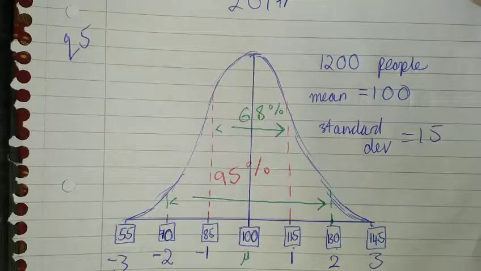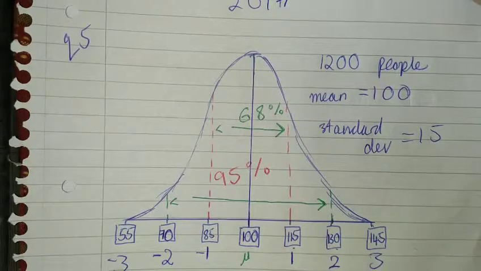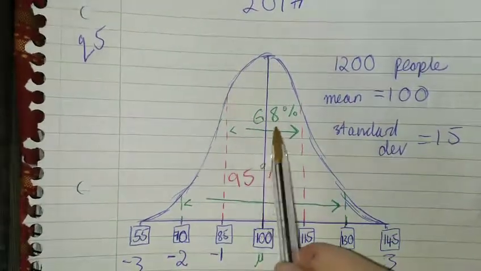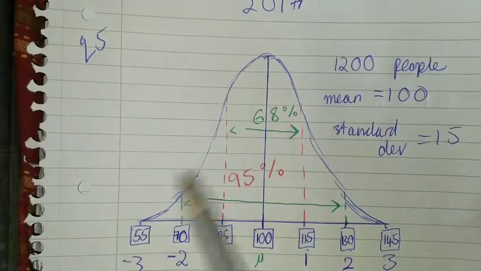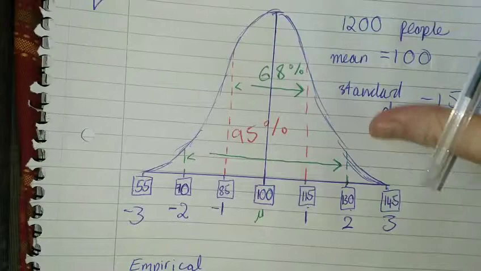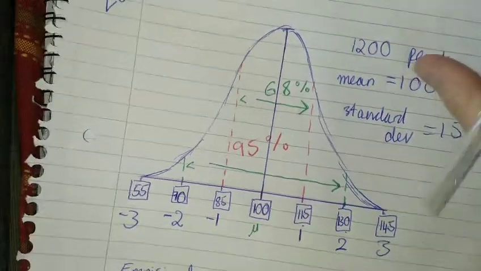But we were asked to find the approximate number of people surveyed that lie within this range. Well, 68% of the people surveyed lie within this range, and the number of people surveyed was 1,200.